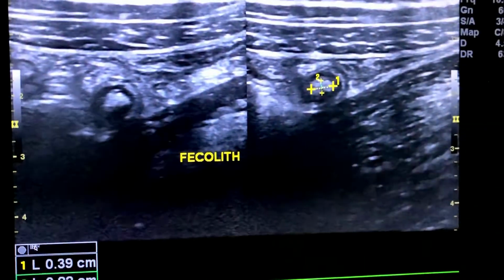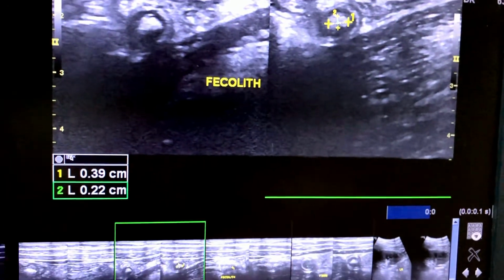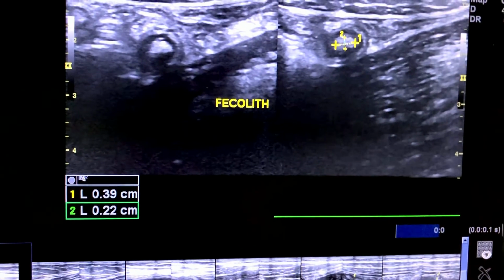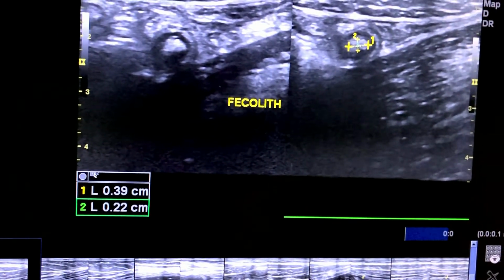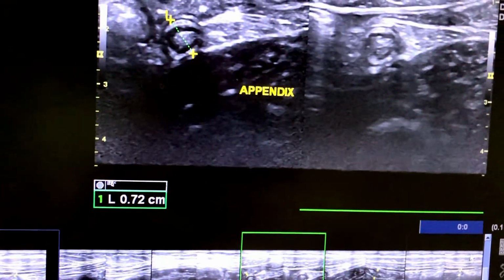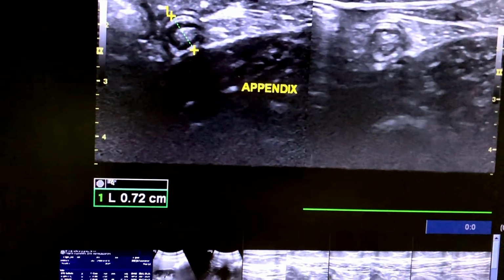The descending colon was of another case. And at the base of this appendix, it was normal. Let me see if I had taken the photo of the base of the appendix.